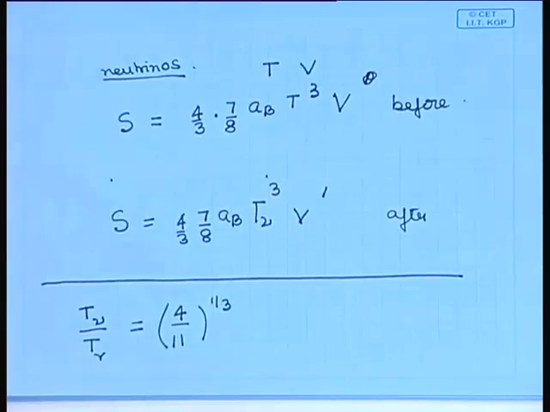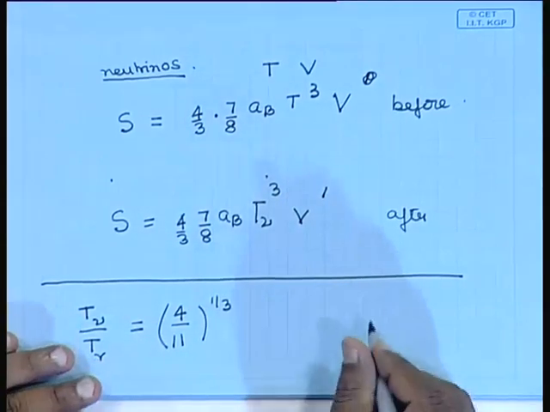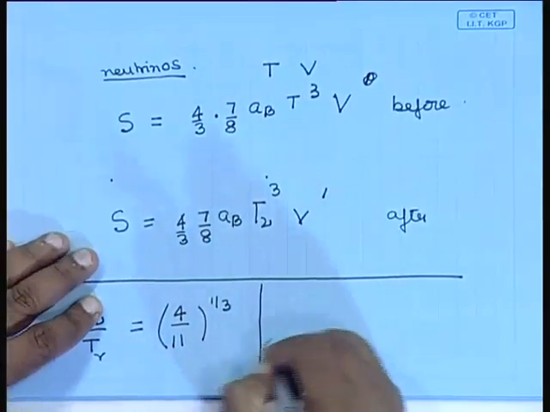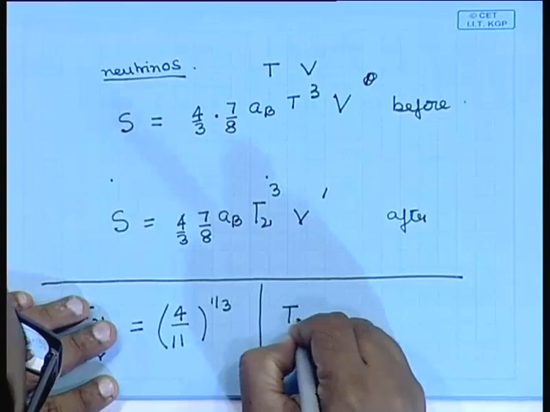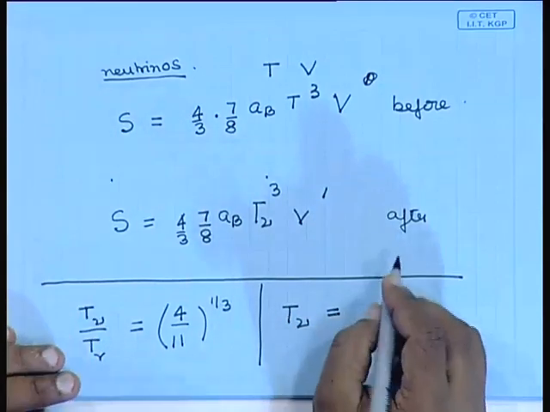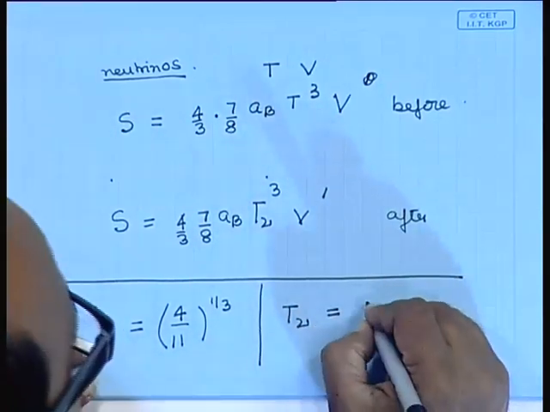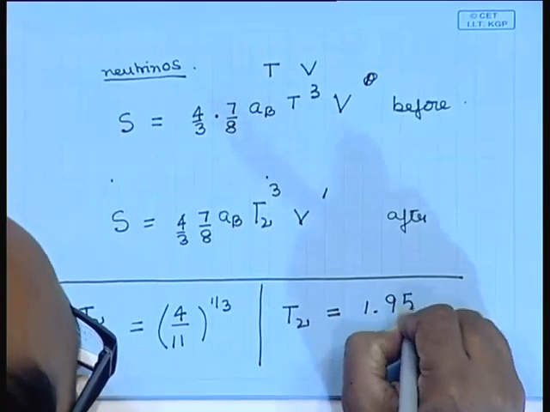Okay. And what this tells us is that the temperature of the neutrinos at present is equal to 1.95 Kelvin.